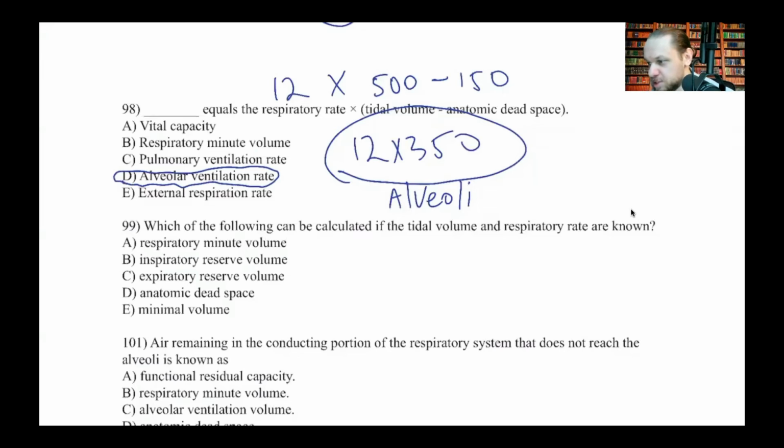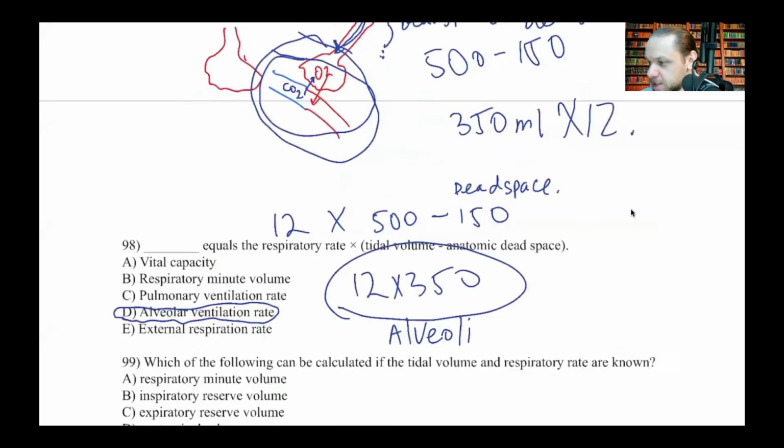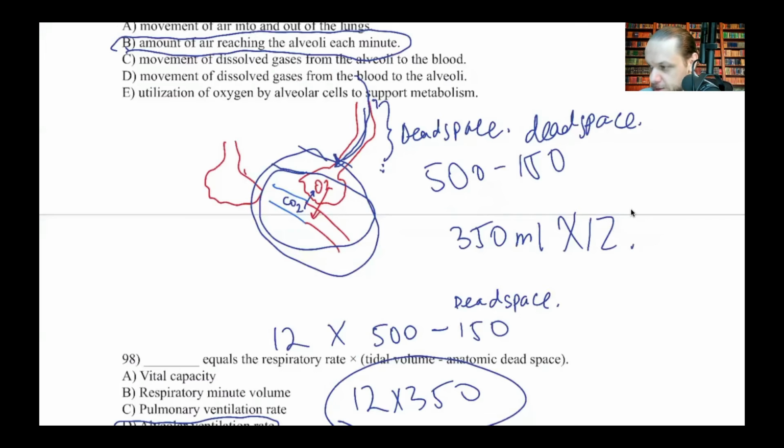So when we subtract the dead space, this 150 is the dead space. Dead space, just to sum up, is the amount of air that's in your proximal airways that's not participating in gas exchange. So like I take a breath in, there's some air between my mouth and before the alveoli that's not really participating in gas exchange, but it's still in my lungs, right?